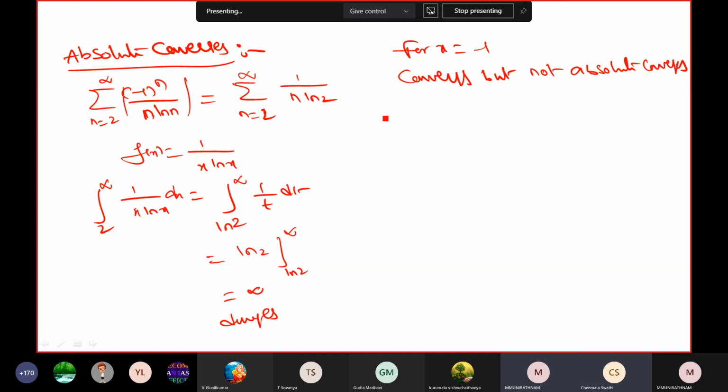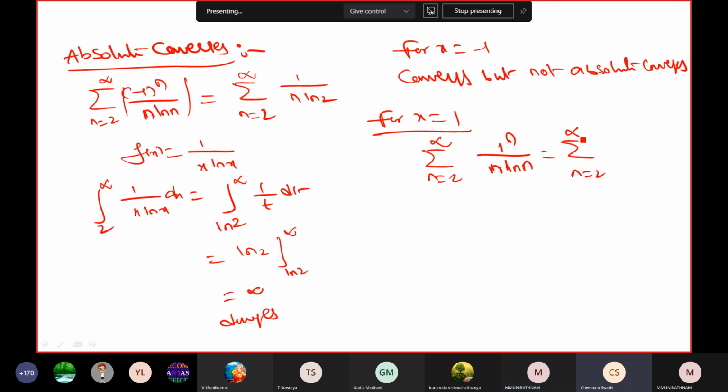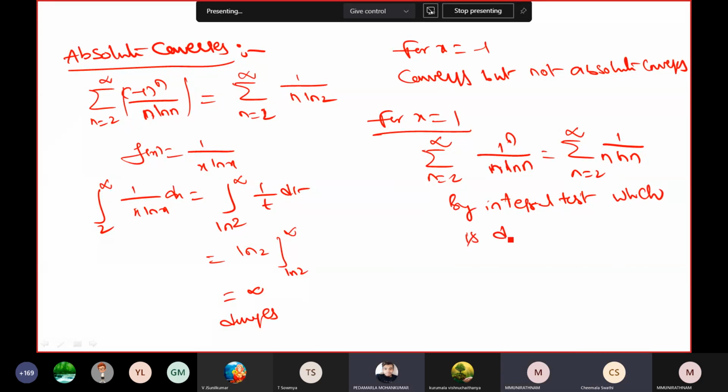Any doubts, please? For x equal to 1, it is 1 power n by n ln n, also by the integral test, which diverges. Okay?